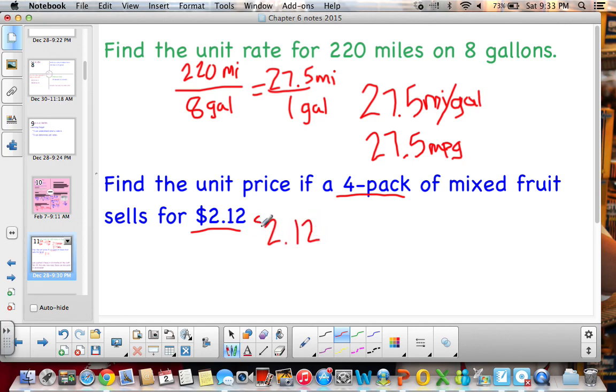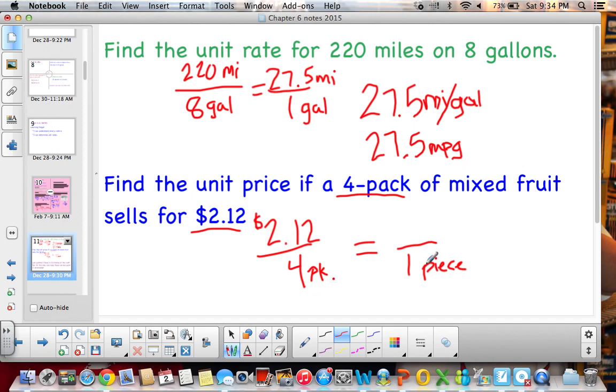So it's $2.12 for a 4-pack. We want to know, oh sorry, I said it's per pack. It's $2.12 for 4. We want to know how much it is for 1 piece of fruit. That was a 4-pack, so this would be 1 piece.